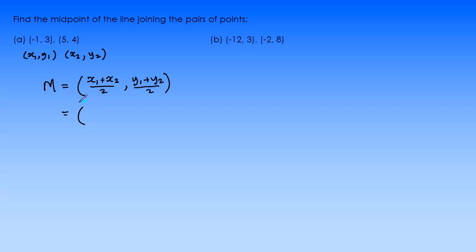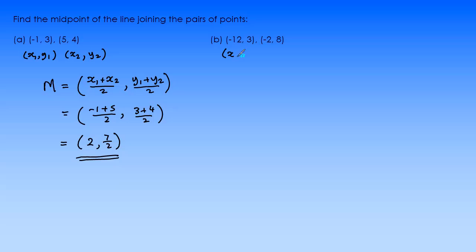So that's going to be -1 plus 5 divided by 2, and 3 plus 4 divided by 2. -1 add 5 is 4, 4 divided by 2 is 2, and then this one is 7 over 2, or 3.5, but it's usual to leave these things as fractions.